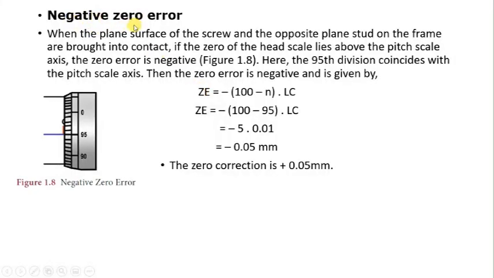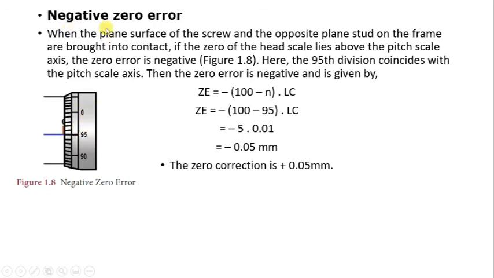Next, negative error. Negative error ல பார்த்தீங்கன்னா இது வந்து axis, pitch of the axis, இது வந்து 0 of the pitch scale. The axis line ல இருந்து 0 of the main scale, head scale வந்து மேலே இருக்குது. When you observe in this picture, the 0 of the head scale is above the axial line of the pitch scale.